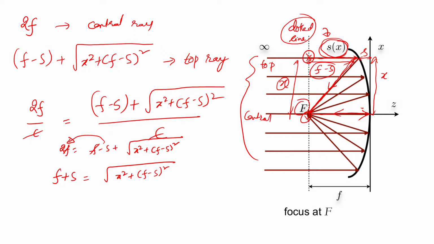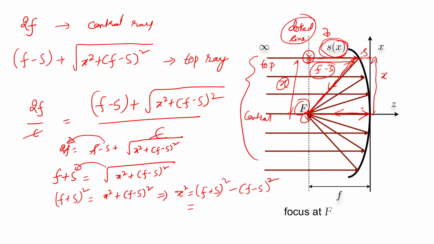If I move the square root this way, then I would have f plus s whole square is equal to x squared plus f minus s whole square, or this implies that x squared is equal to f plus s whole square minus f minus s whole square, right? So that would be equal to 4fs, or I can determine s of x as x squared by 4f.